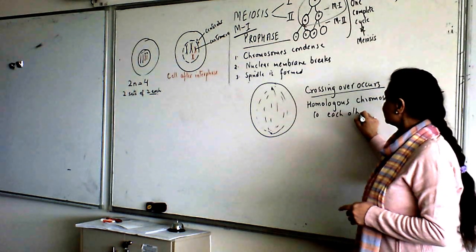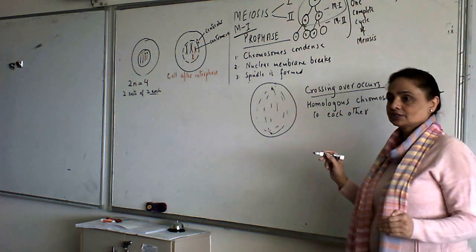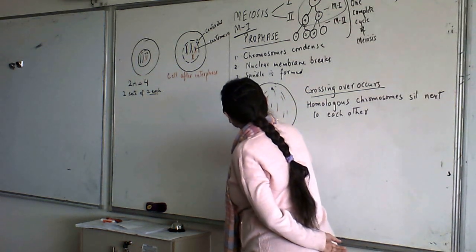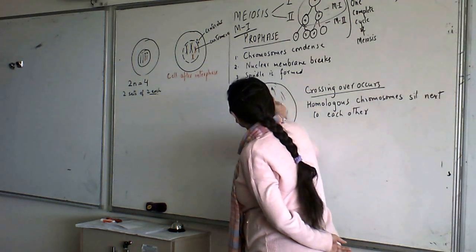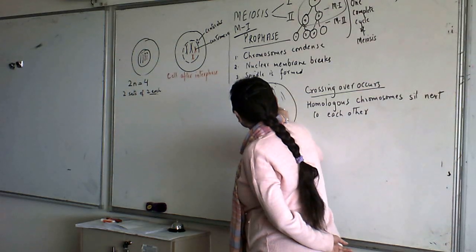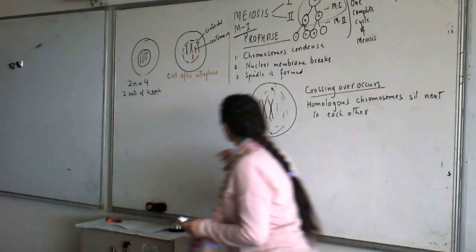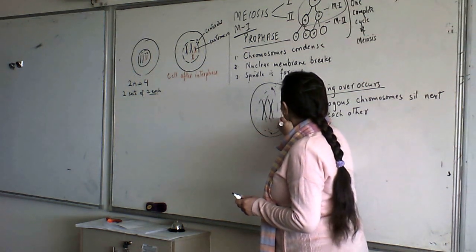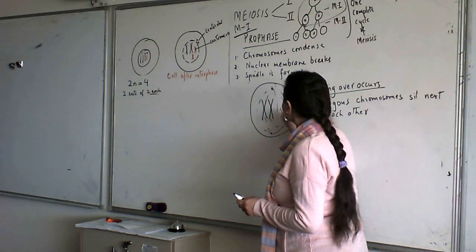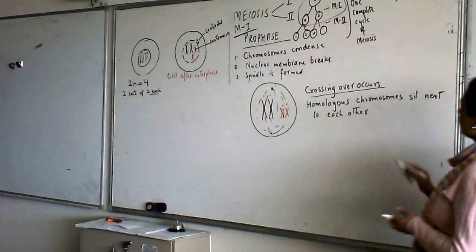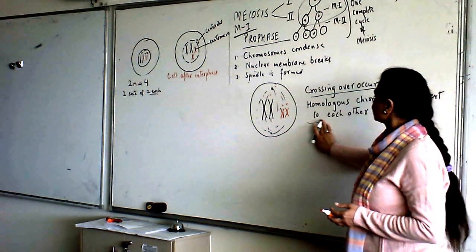This does not happen in mitosis. So this is something special. That's chromosome 1 and 1, then we have chromosome 2 and 2. So it's the similar ones sitting together, called pairing of homologous chromosomes.